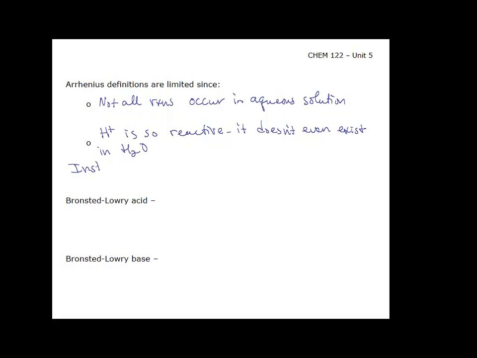Instead, what we see is that H+, which is very reactive, reacts with water itself and produces hydronium ion.